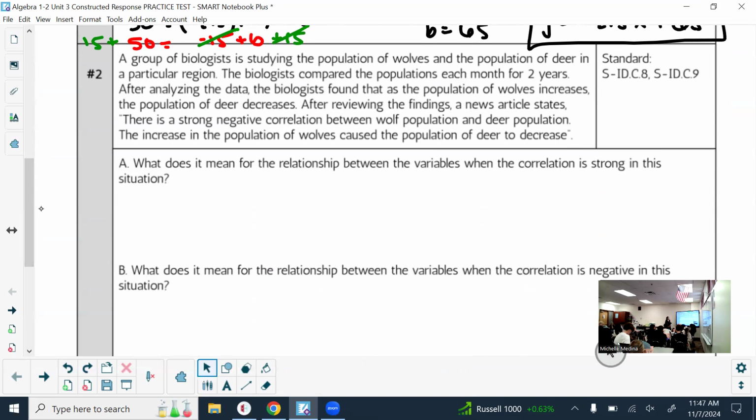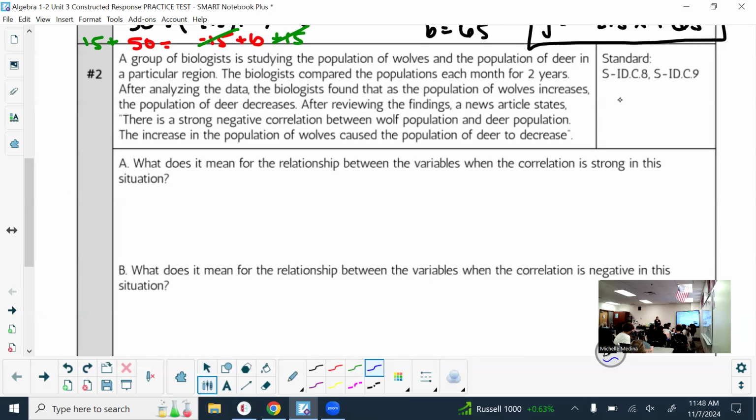After analyzing the data, the biologists found that as the population of wolves increases, the population of deer decreases. After reviewing the findings, a news article states there's a strong negative correlation between wolf population and deer population. The increase in the population of wolves caused the population of deer to decrease.